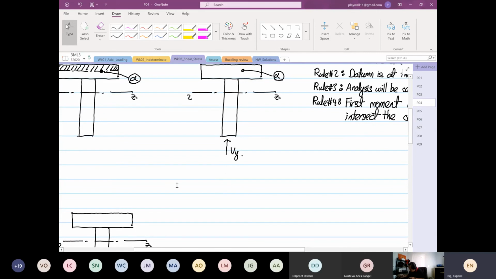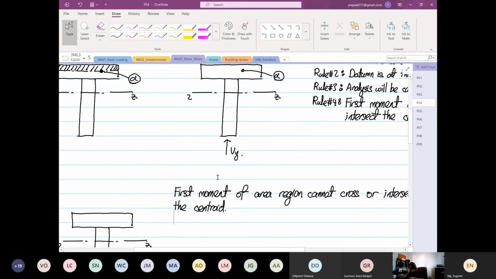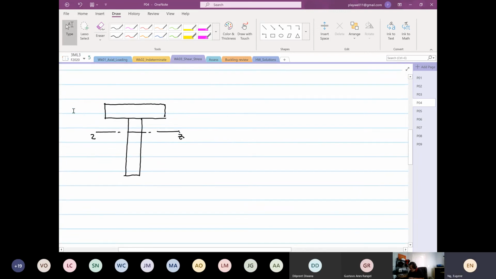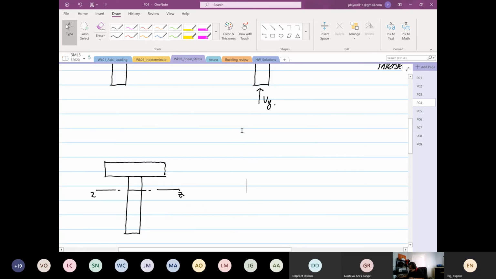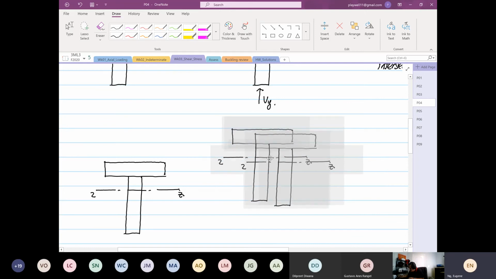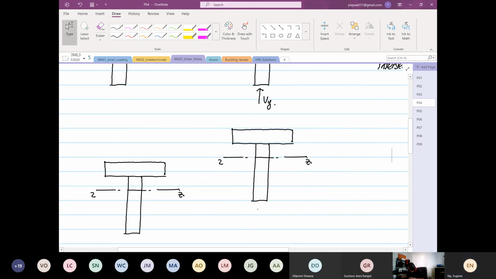The area I'm going to analyze is... I'm going to give scenarios now. Because Vy is below, and my point alpha is here, this is where I'm going to analyze this region.